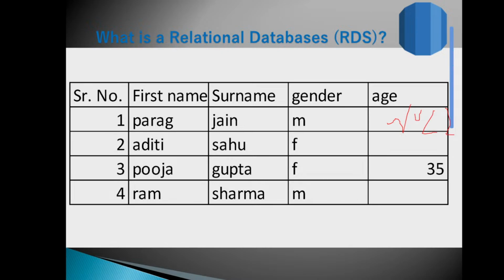So here 1 KB multiplied by 5, 5 into 4, is 20 KB. And here I am wasting 3 KB of storage. Just to introduce one value, I am wasting 3 KB.